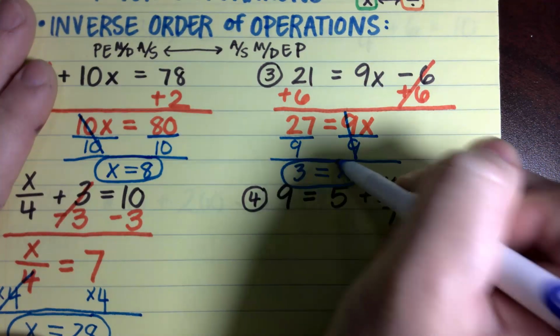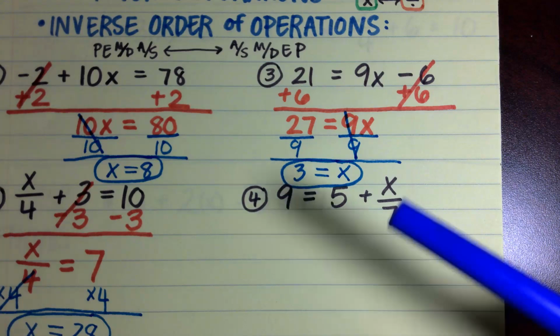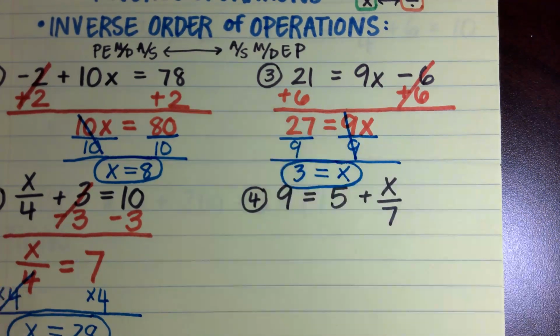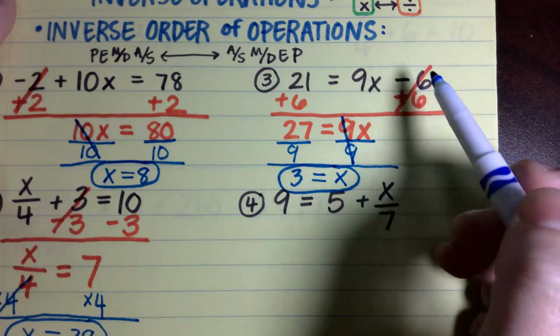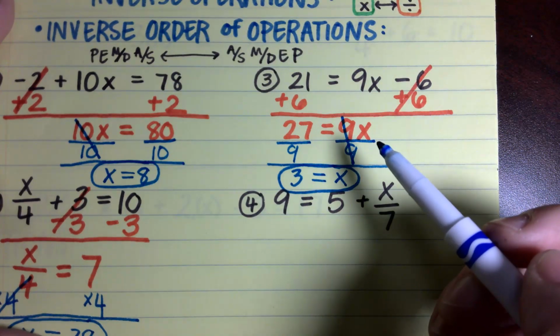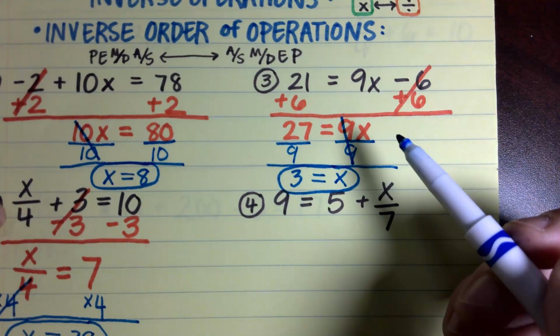Perfect. So if you did something different, does anybody want to share where maybe they messed up or went wrong? I did 9 times 9. Oh, you did 9 times 9? Yeah. So what's funny is I even make this mistake. A lot of times when I'm trying to solve a problem, I remember to do the opposite for addition and subtraction, but once you get to multiplication and division, it is so easy to forget that we're still using inverse operations.